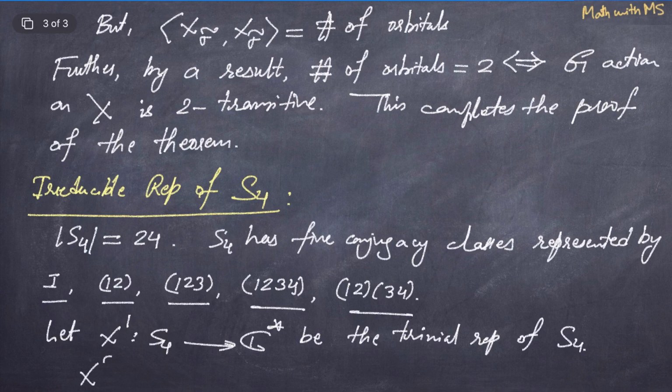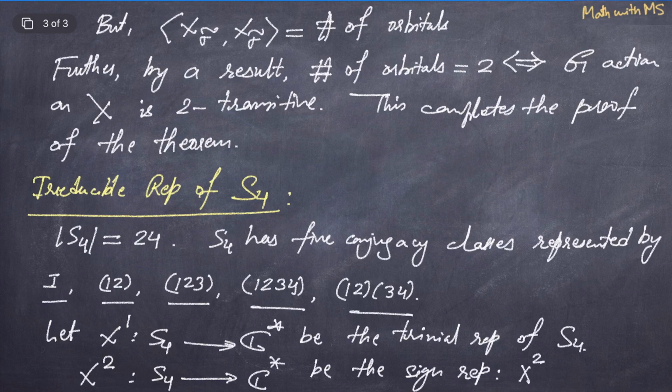And let chi2 be the sign representation, that is to say chi2 of any permutation sigma is sign of sigma, which you know takes the value 1 if it is an even permutation and -1 if it is an odd permutation. So we need to find 3 more inequivalent irreducible representations of S4.